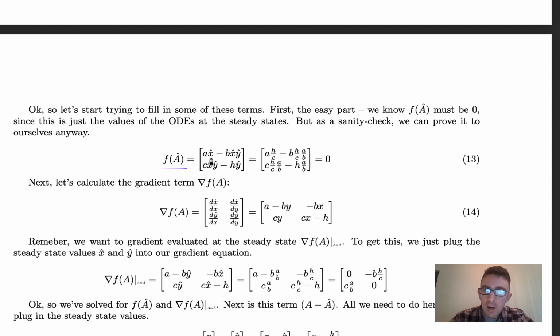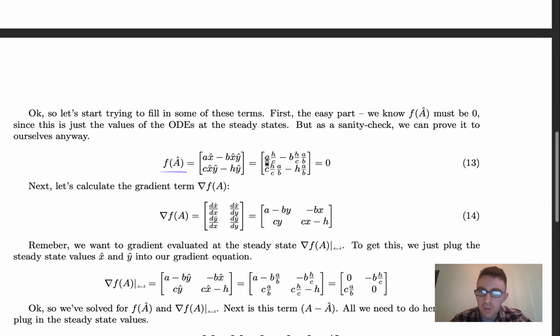And if you remember, x hat is equal to h over c, and y hat is equal to a over b. So this is equal to our ODEs with these equilibrium values plugged in, in terms of the parameters. Instead of a times x hat, it becomes a times h over c. Remember, this is just what x hat is equal to. And then y hat is a over b.